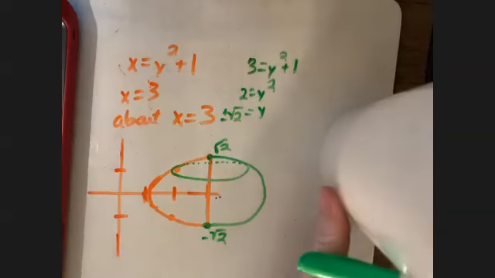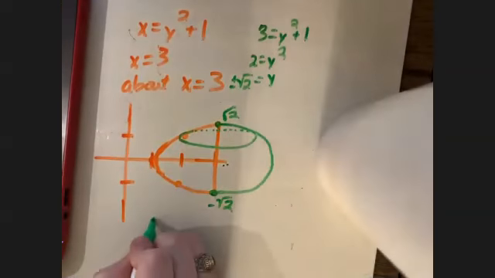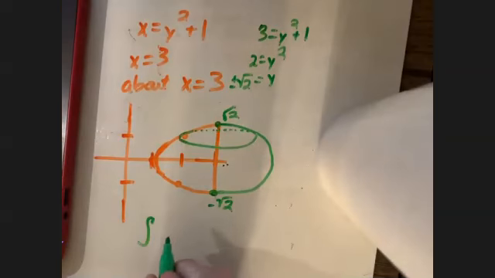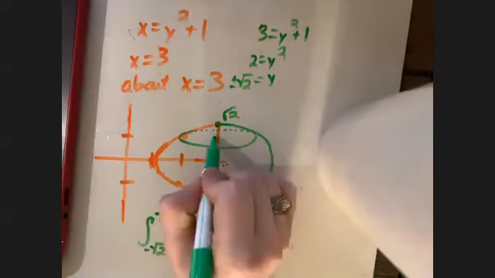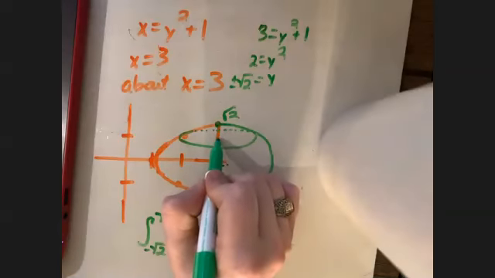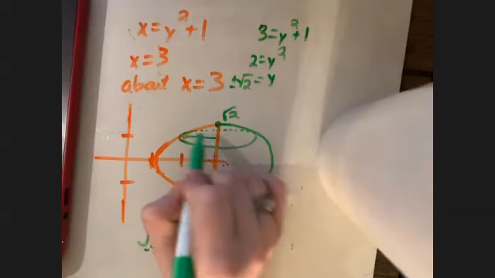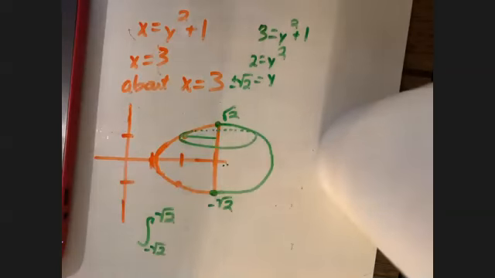Now that's going to help us out because now we're going to integrate from negative square root of 2 to square root of 2. Okay, now let's figure out our radius. Now you've got to think about which one's further out.